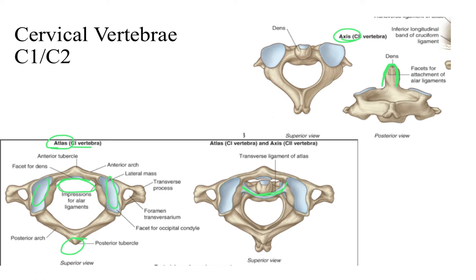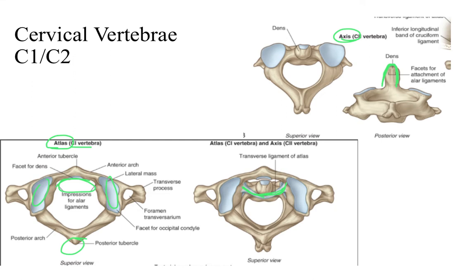And so going back to function, if the atlas is holding up the skull on the occipital condyles, the atlas allows our head to nod back and forth like we're saying yes. But the atlas's relation to the axis is such that it pivots around this dens.